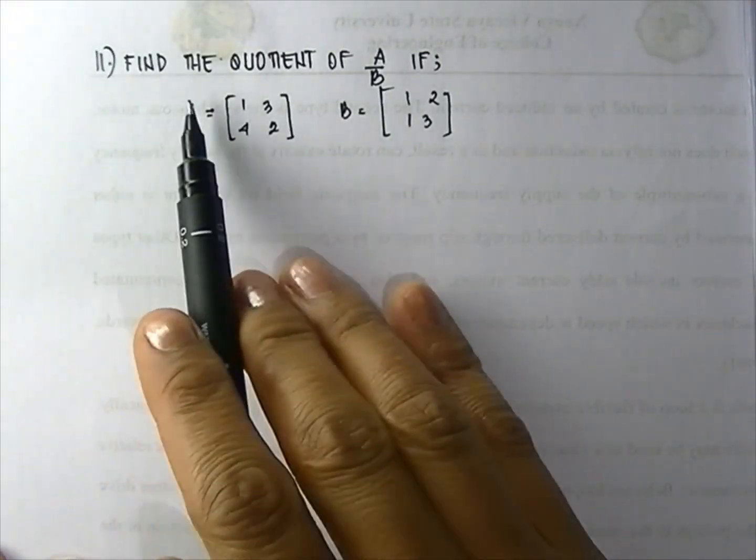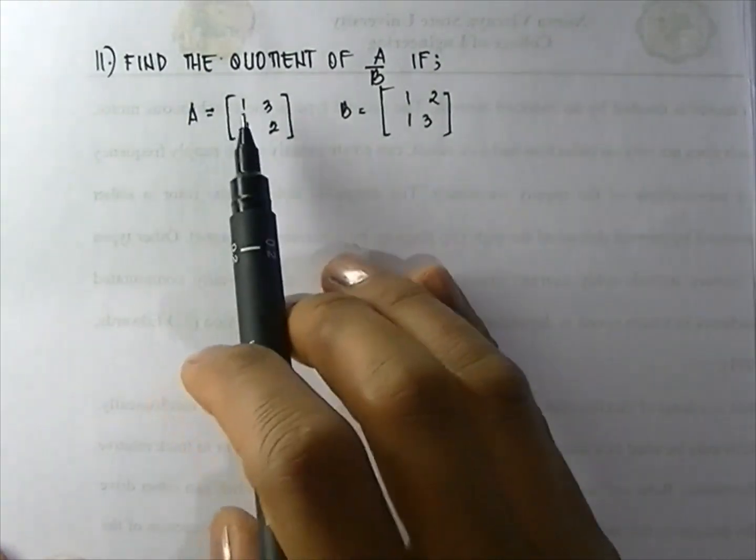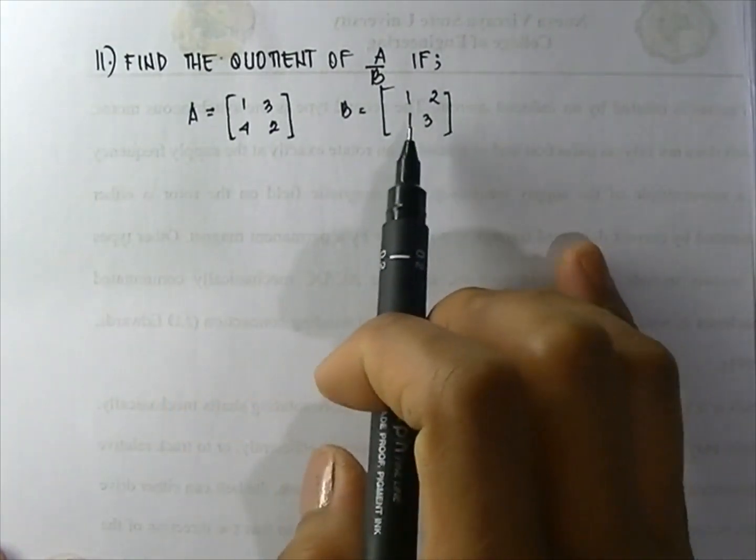Number 11, find the quotient of A divided by B if A is [1, 3; 4, 2] and B is [1, 2; 1, 3].